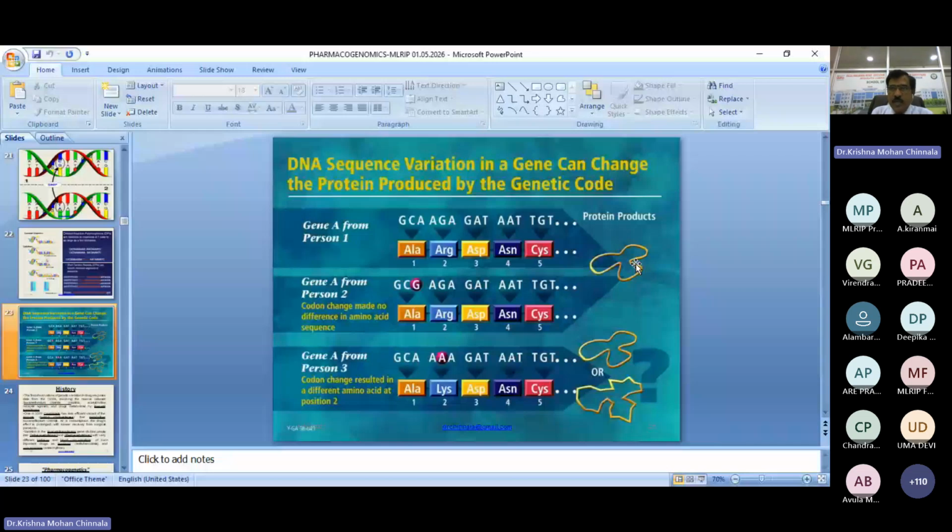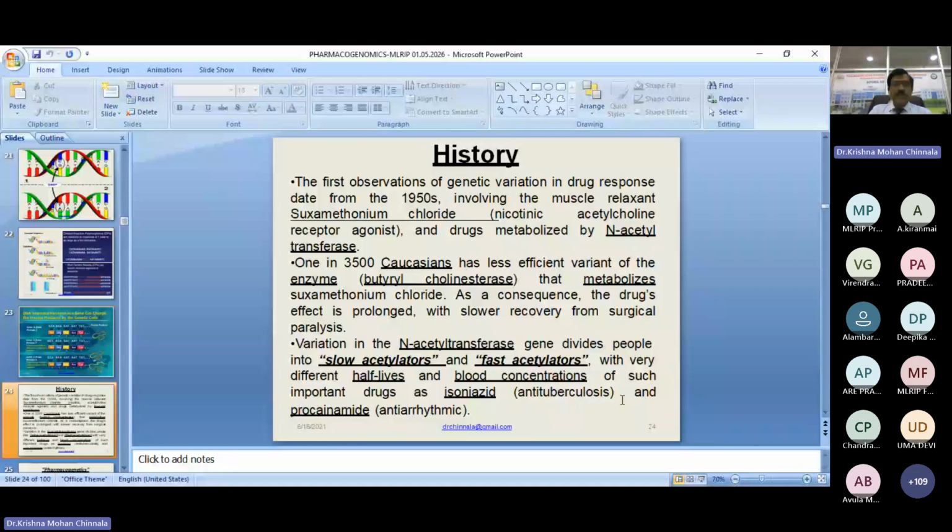Okay, structural similarity is there with the drug, but it is not producing any action because of its lack of intrinsic activity. So it is mandatory to have structural similarity first to become an agonist or even an antagonist also. Then it depends whether it is producing pharmacological action or not. It depends on agonist or antagonist, right? Then the history of these gene changes and all.